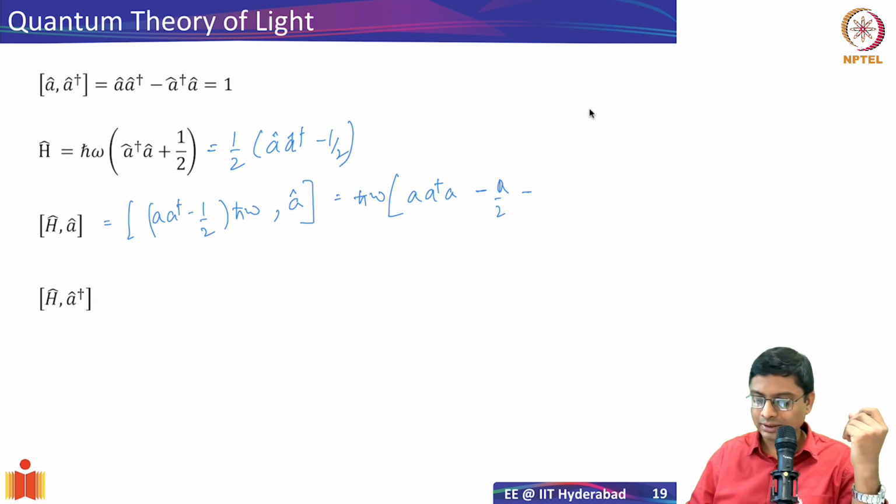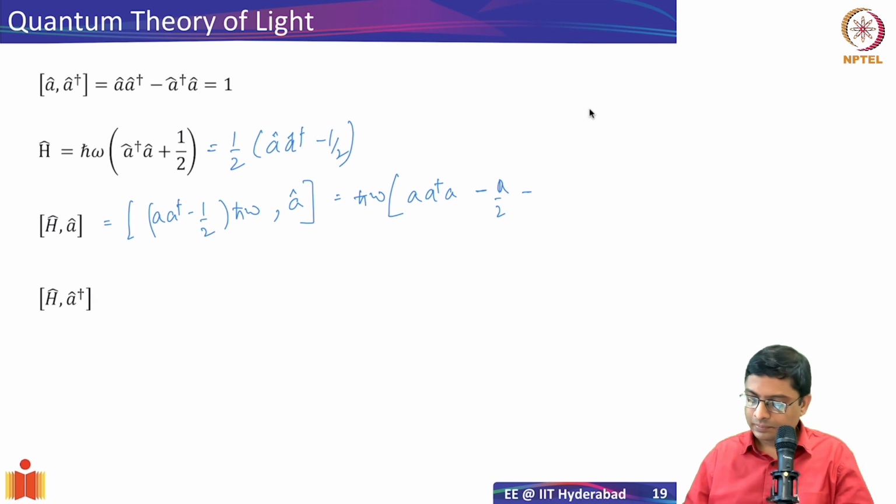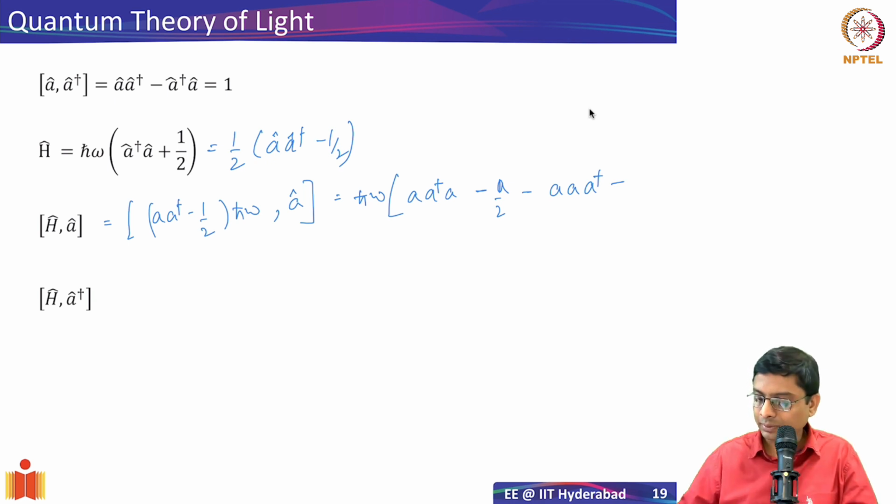Now if I do that, a by 2 will be there and then a by 2 will be there. So now what will happen is opposite, right? So a directly product, and then now opposite a dagger, and then there will be half again, correct? This will be plus half or plus a by 2.